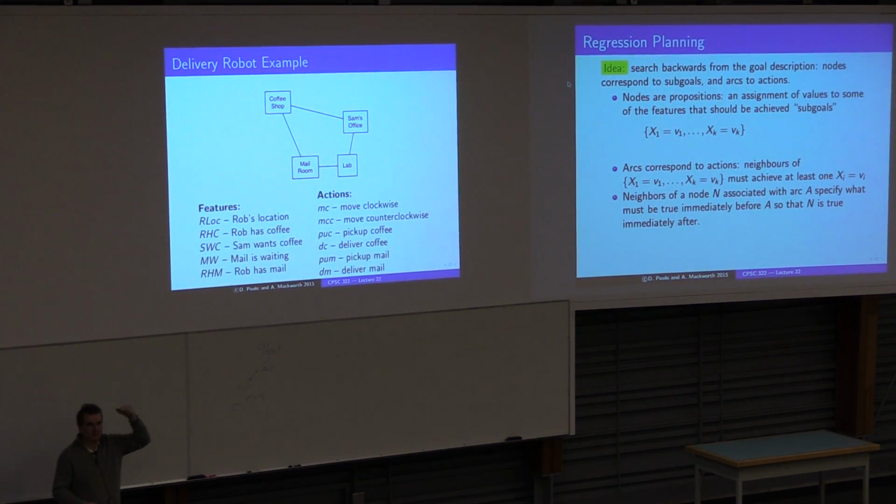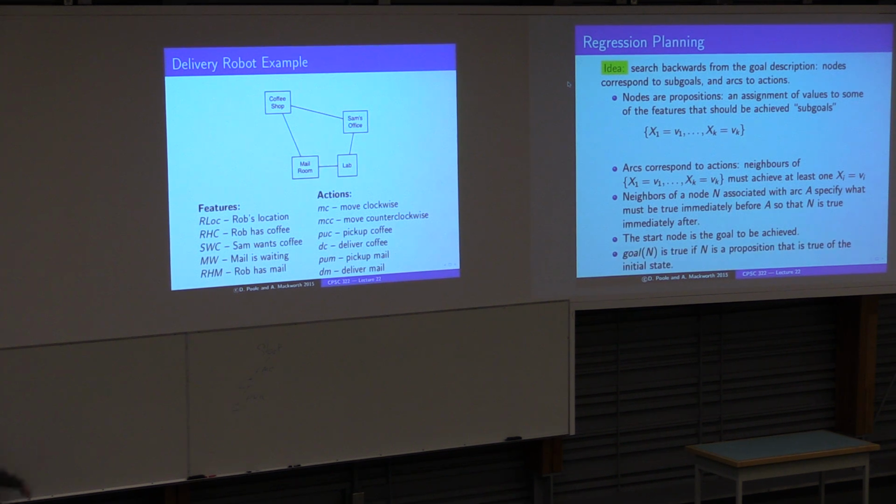So we're going backwards. We want to know what must be true before the action in order to do it afterwards. The start node is the goal to be achieved, and so we're going to start with the initial goal we're going to try and achieve, and then goal of n is true if n is a proposition that's true of the initial state. So we're now searching. We can stop searching when we've reached something that's true of the initial state.